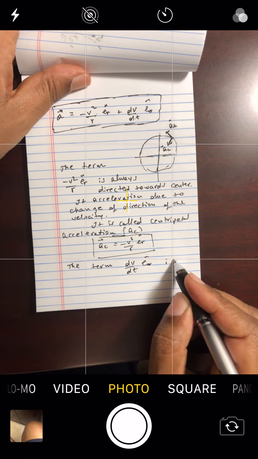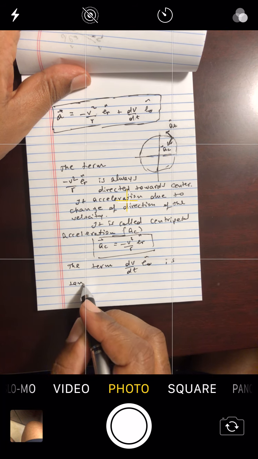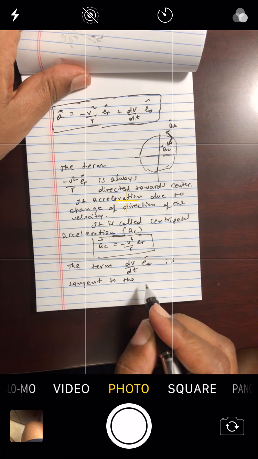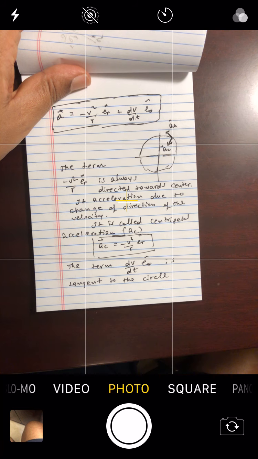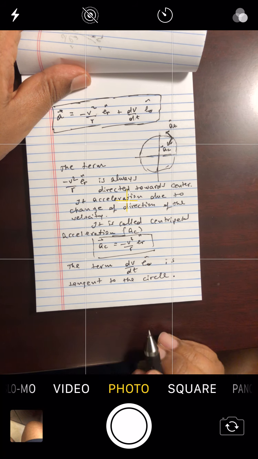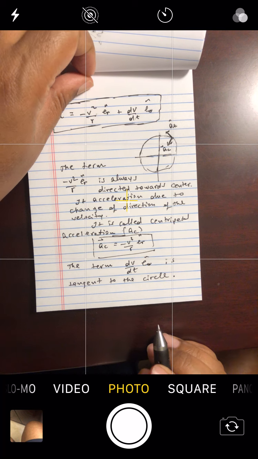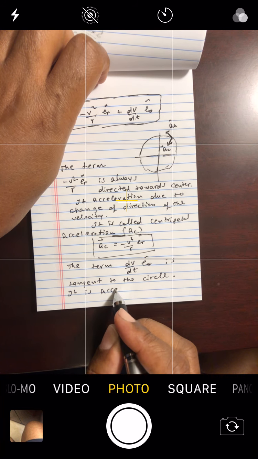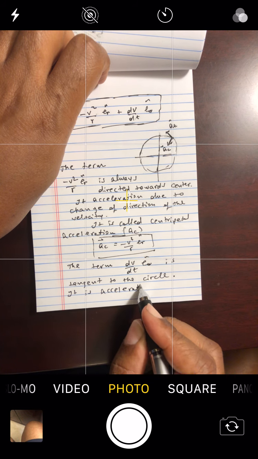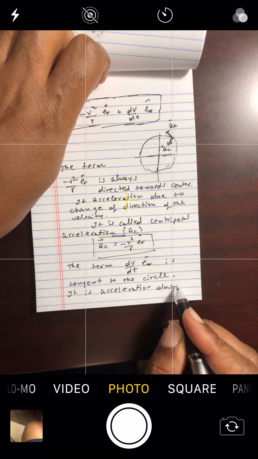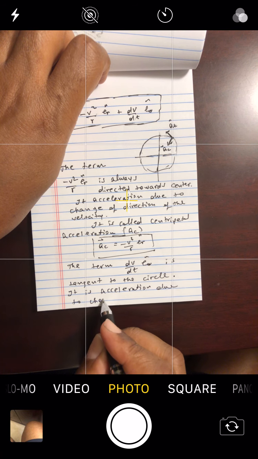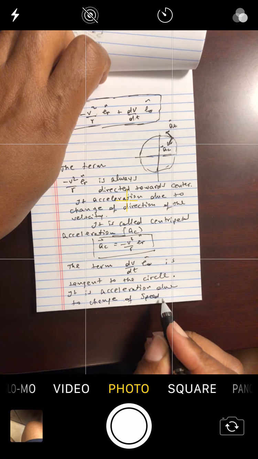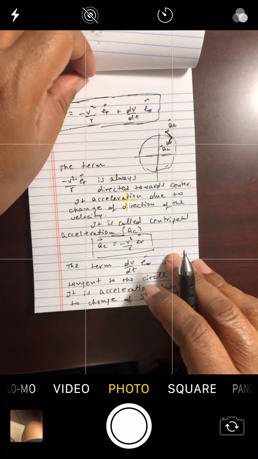is tangent to the circle, and it is acceleration due to change of speed. It's called tangential acceleration.